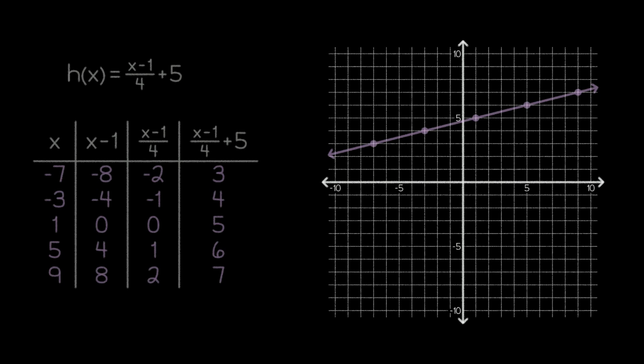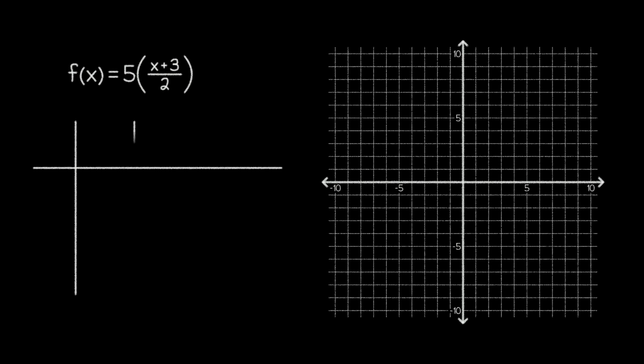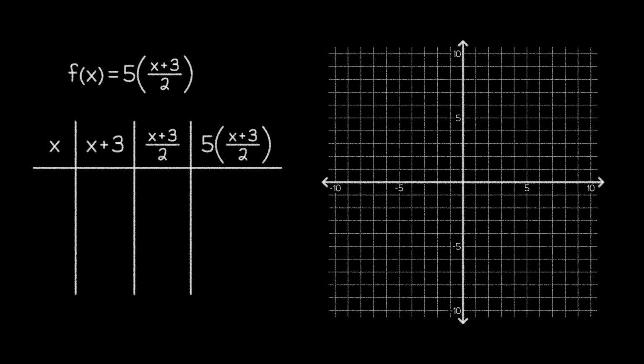Now, this strategy for finding inputs and outputs may seem like a bit of overkill for a linear function, and honestly, it is. There are other strategies for graphing lines, like plotting the y-intercept and using the slope to find a second point, that will work just as well and probably get you your answer faster.